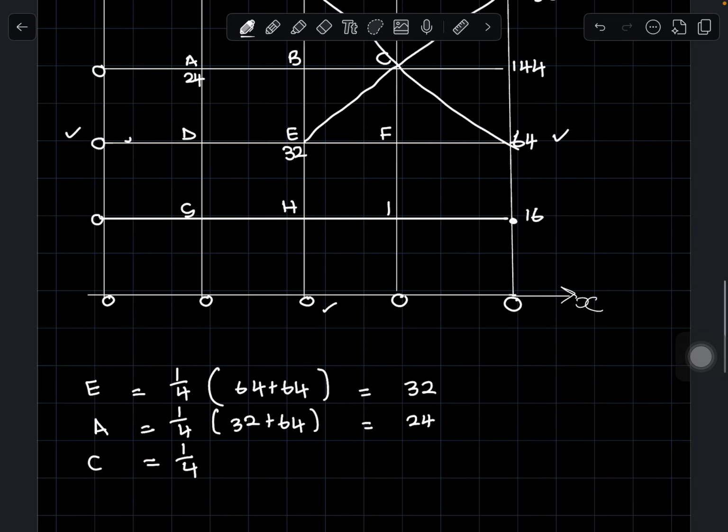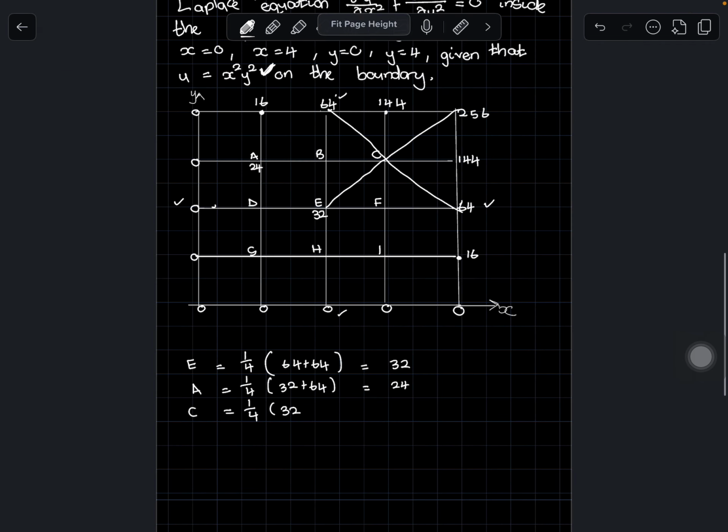So it would be 1/4 of 32 plus 256 plus 64 plus 64. So 1/4 of all of that, we get 104. Clear. Right.